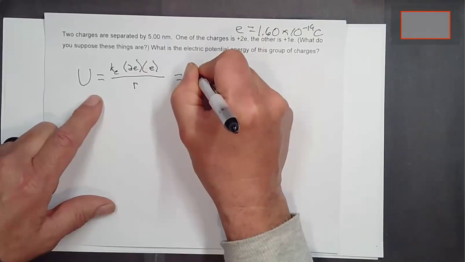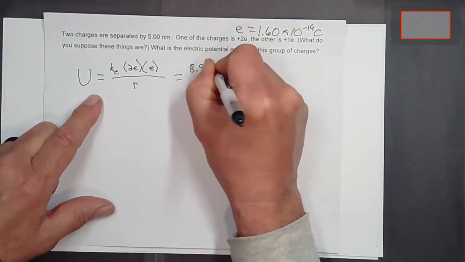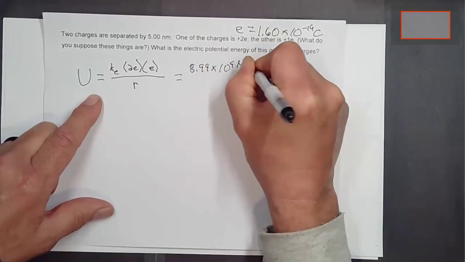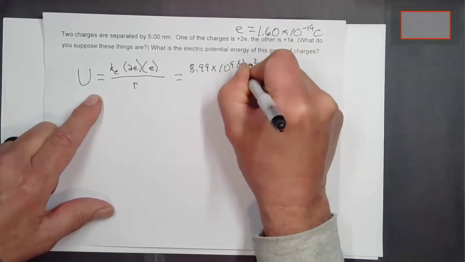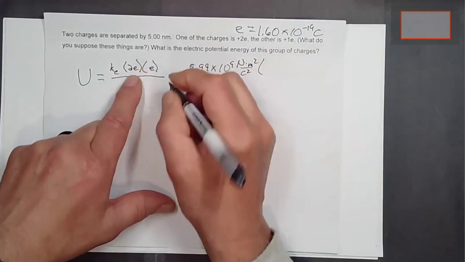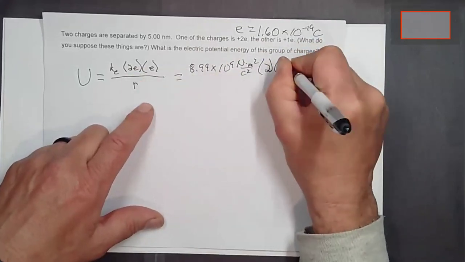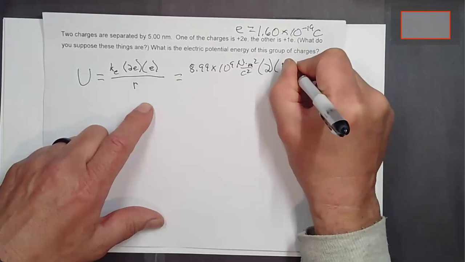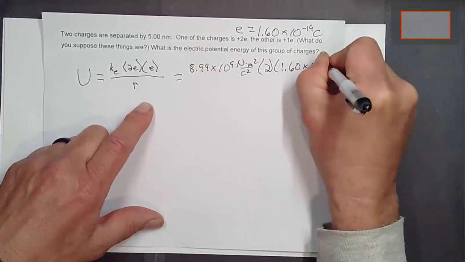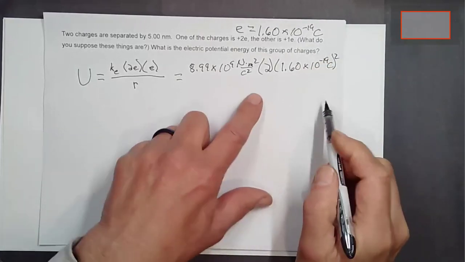And so I'd have K sub B is 8.99 times 10 to the 9th newton meter squared per coulomb squared. And then I'll have e squared here, but I've got a 2 in there as well. So punch in the e, 1.60 times 10 to the minus 19th coulombs, and square that.